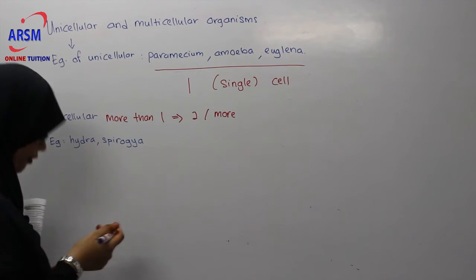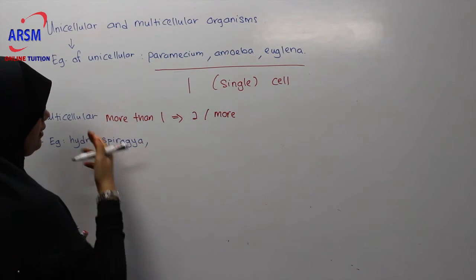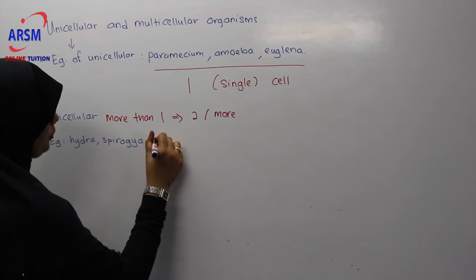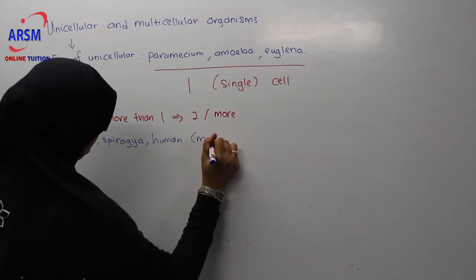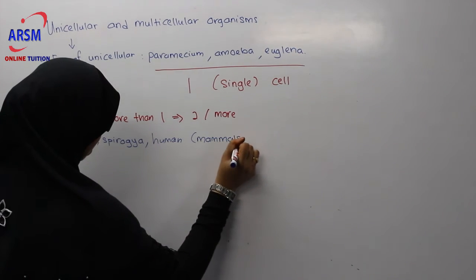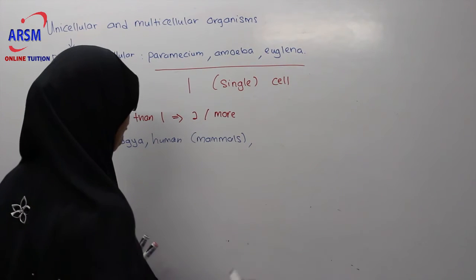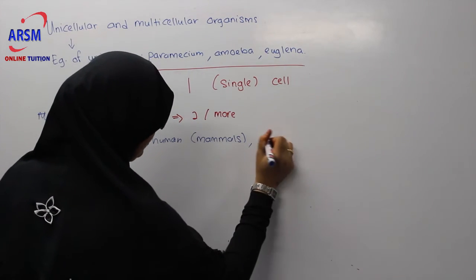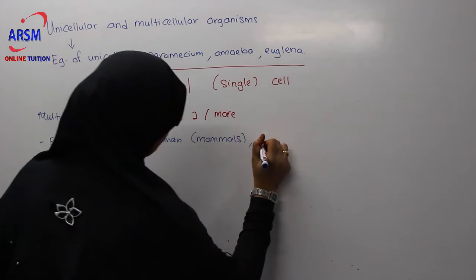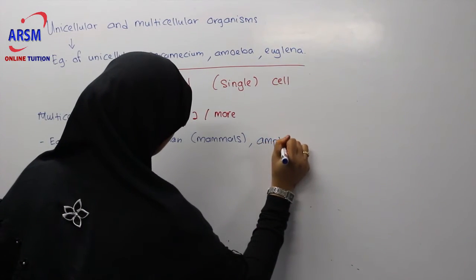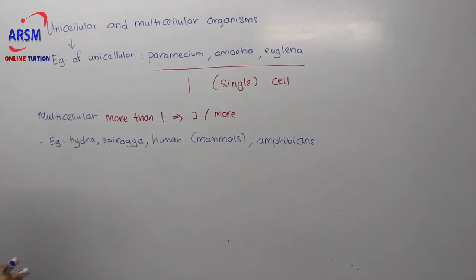Other than that, humans are also included in multicellular organisms. We humans are actually mammals. Then we have other kinds of animals. For example, a frog is an amphibian, so it is also in the category of multicellular.